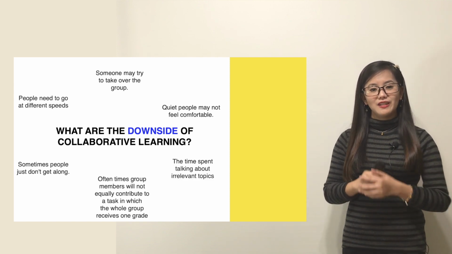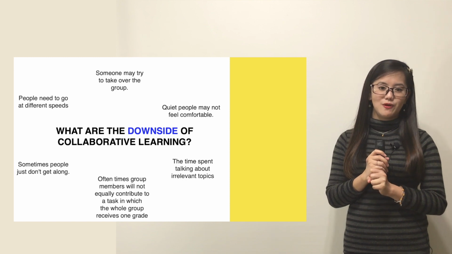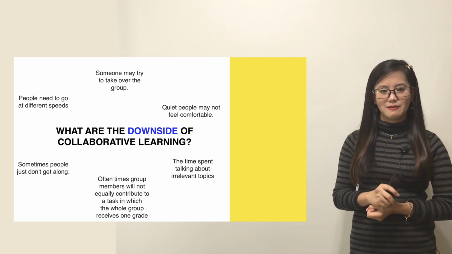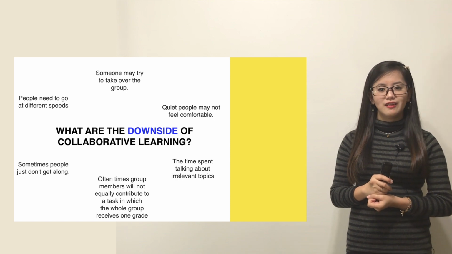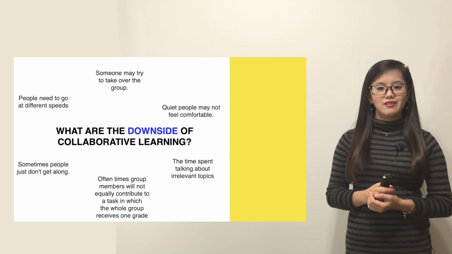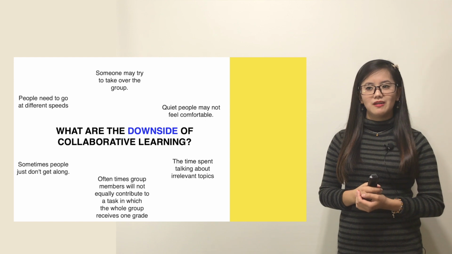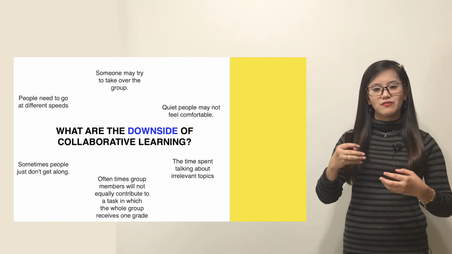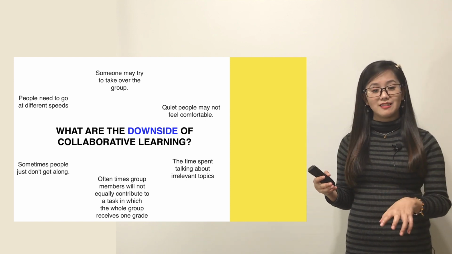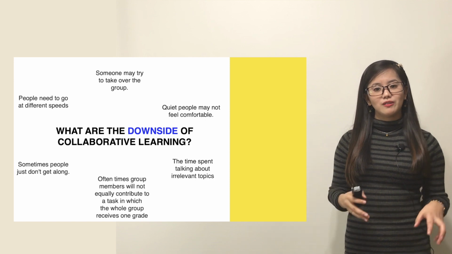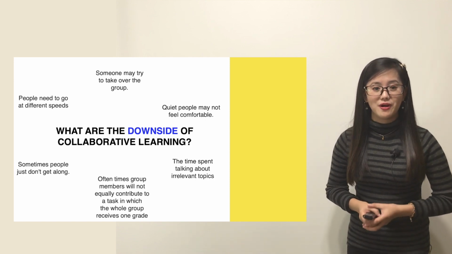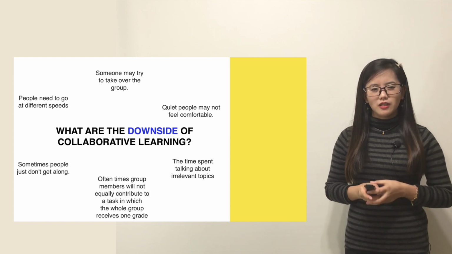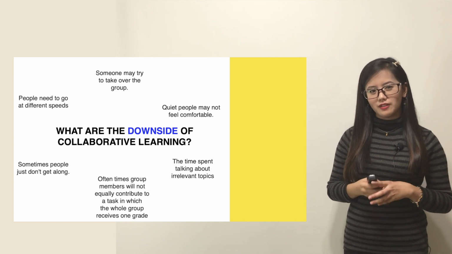One of the last disadvantages that I'm going to talk about is this. Time is spent talking about something not because they want to talk about the task, but they talk about irrelevant topics. When you were doing group activities, did you seriously talk only about the task?